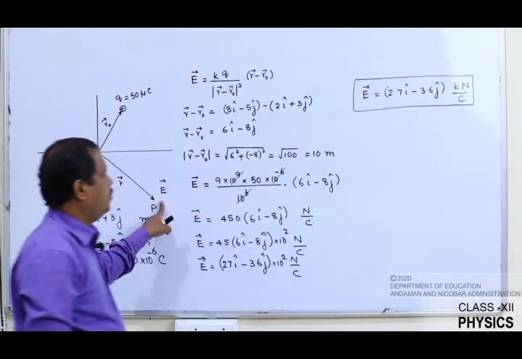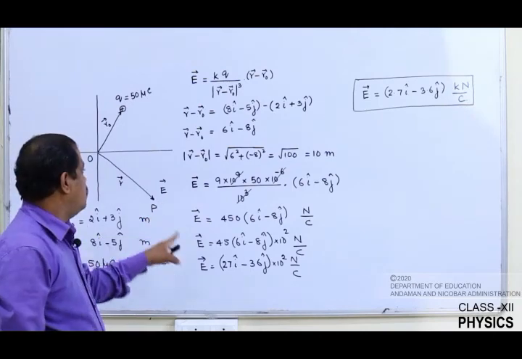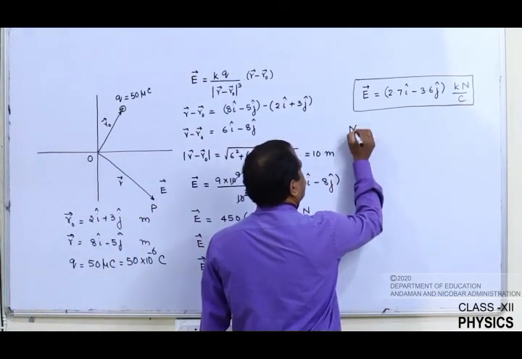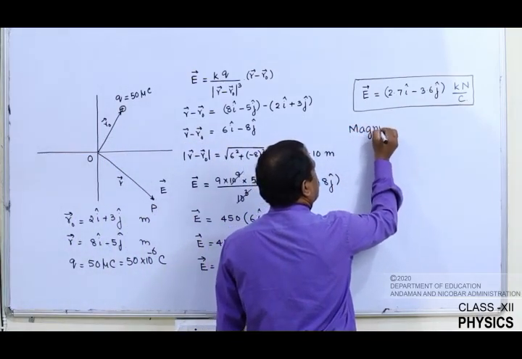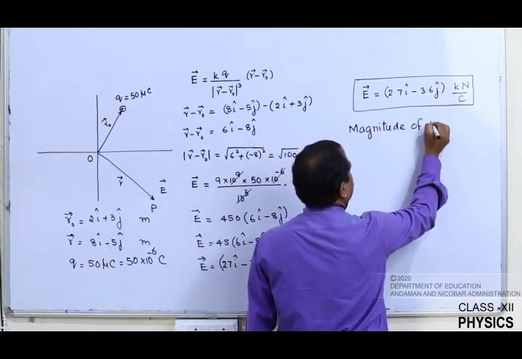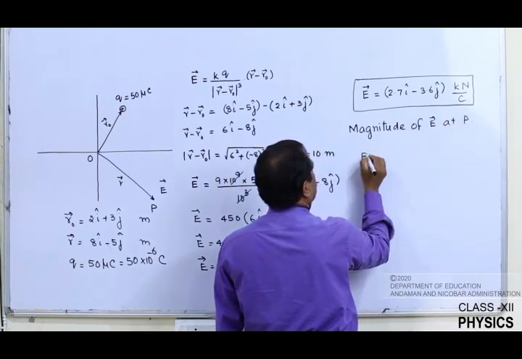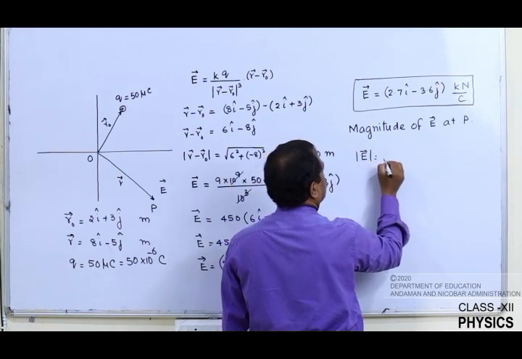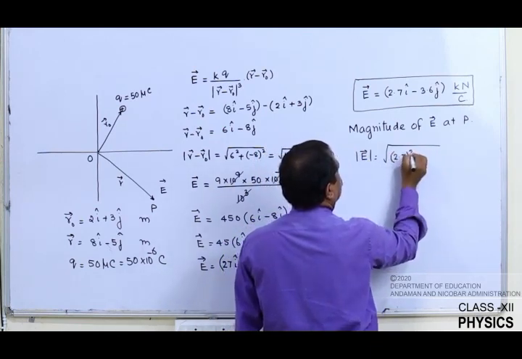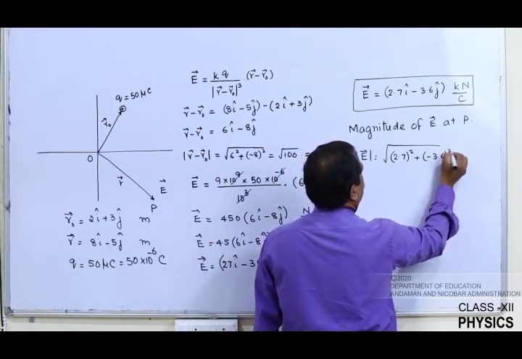Now, let us try to extend this problem. I want to calculate the magnitude of the electric field at this point. So, the magnitude of electric field at P will be equal to E is equal to square root of 2.7 the whole square plus minus 3.6 the whole square.